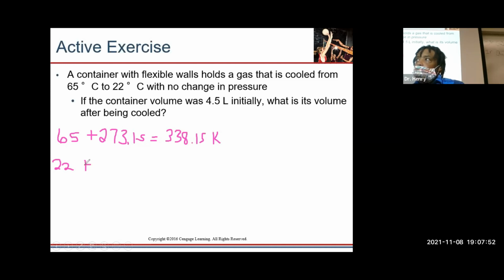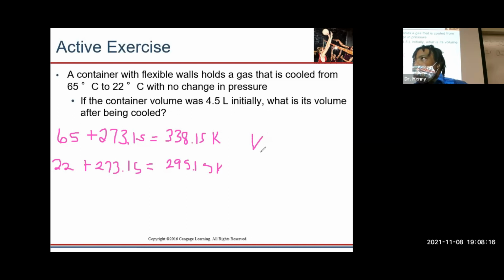Okay, 22 plus 273. Okay, so now that we have it in Kelvin, it's a piece of cake, right? Because then it's just plug and chug.